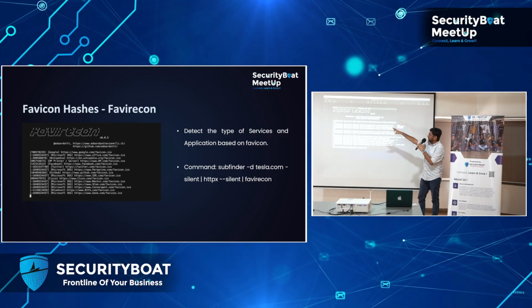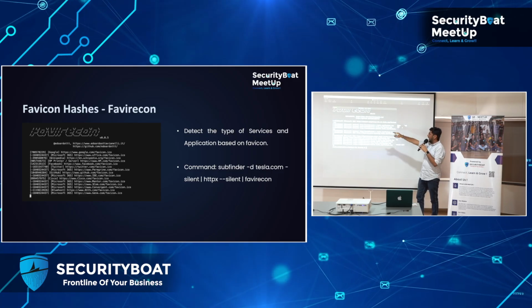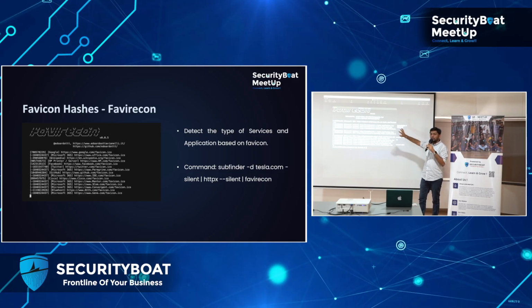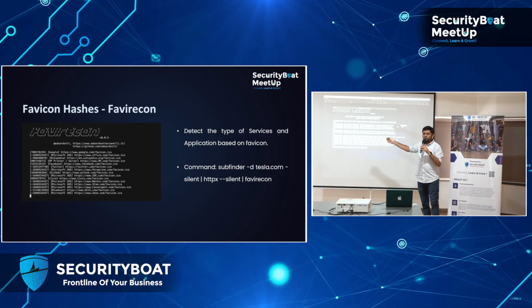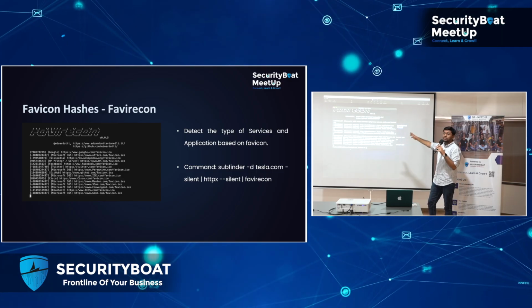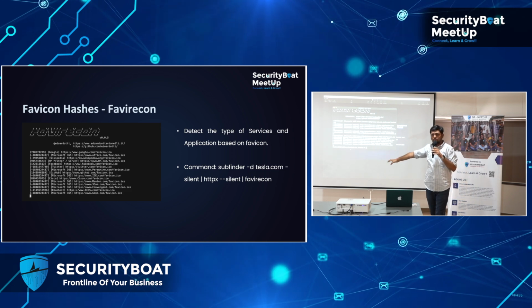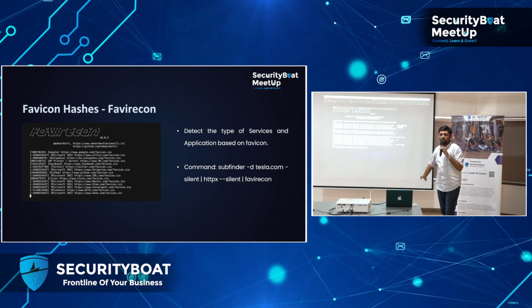If you take this favicon hash, search it on FOFA or maybe on Shodan, you'll get the hash as Microsoft Outlook, not as Tesla.com. So this hash value is for the server or for what service it is running, and not for your main domain. Clear? Understood?